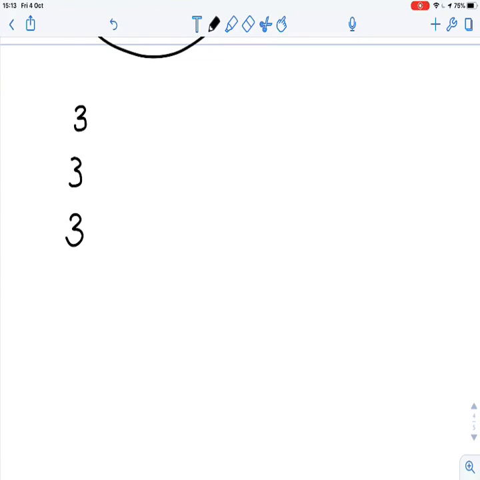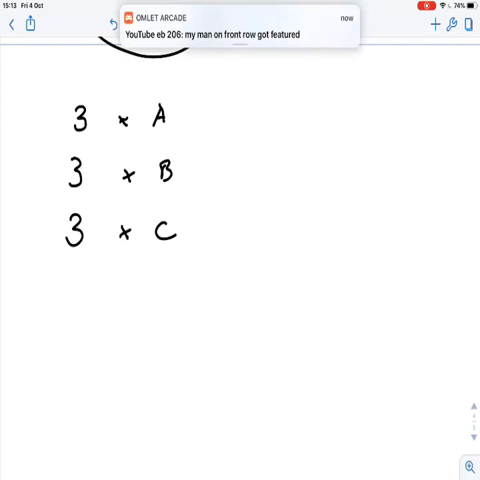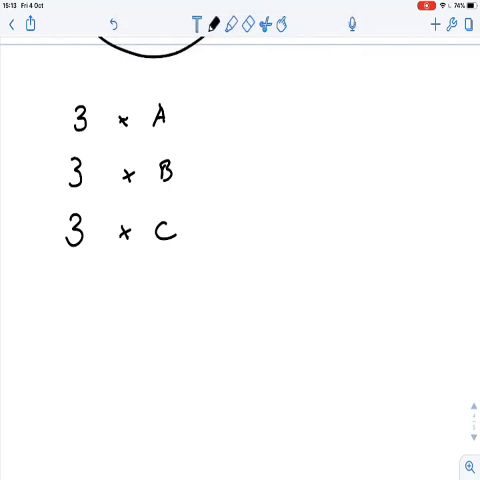You have the A tubes, B tubes, and C tubes. 3 times A, 3 times B, 3 times C. You label them, you put them on the balance, on the scales, and determine the weight when they are empty.